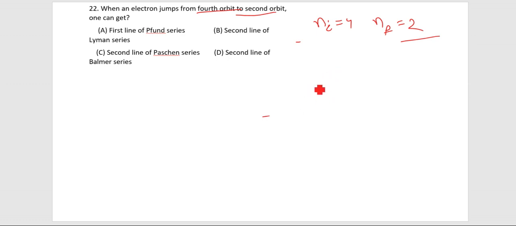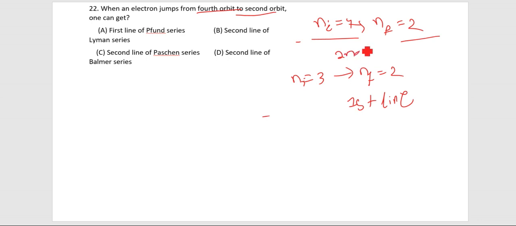In the Balmer series, n equal to 3 to n equal to 2 is the first line. But here it is given n equal to 4 to n equal to 2, which is the second line of the Balmer series.